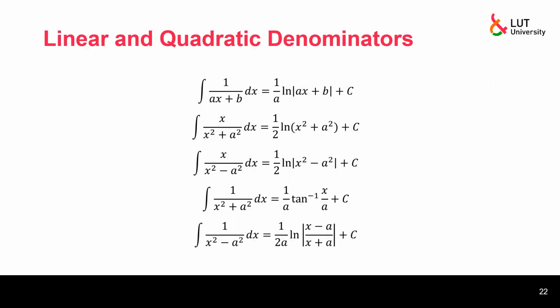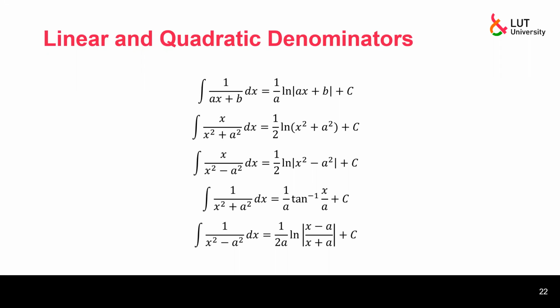So very common ones are that if you see 1 over ax plus b, it is of the form of 1 over a, natural logarithm of ax plus b. If you see x over x squared and so on, you get this another one, x over x squared minus a, another shape, and so on.